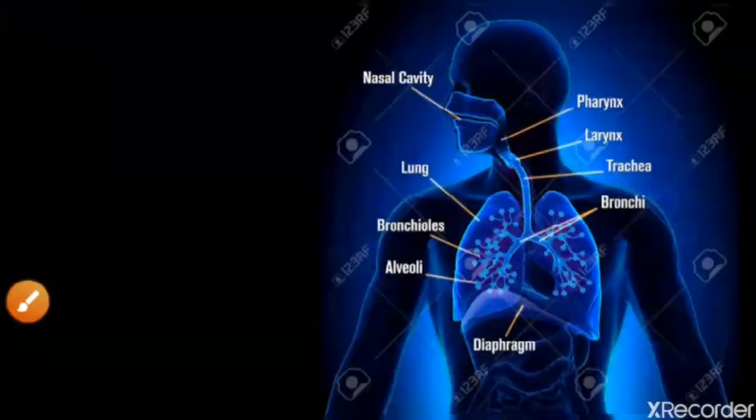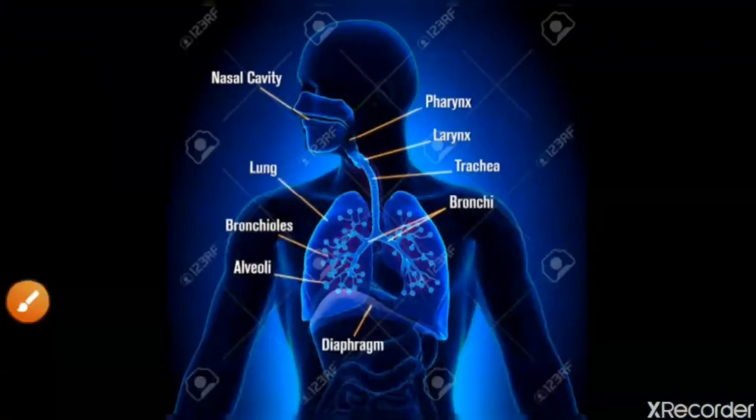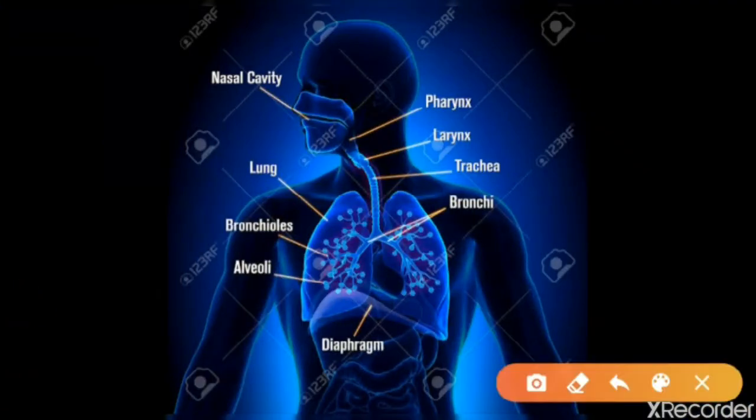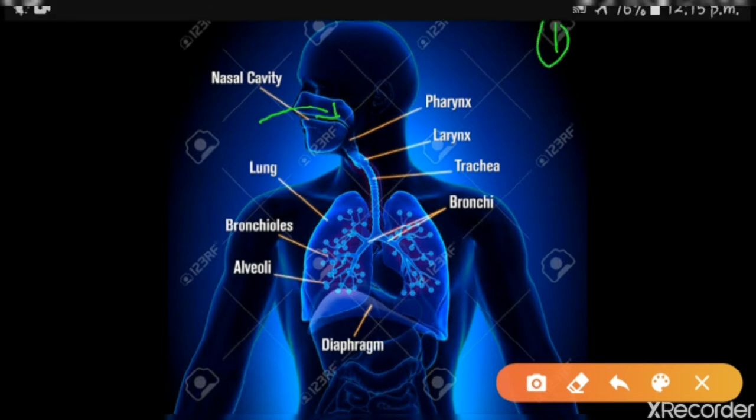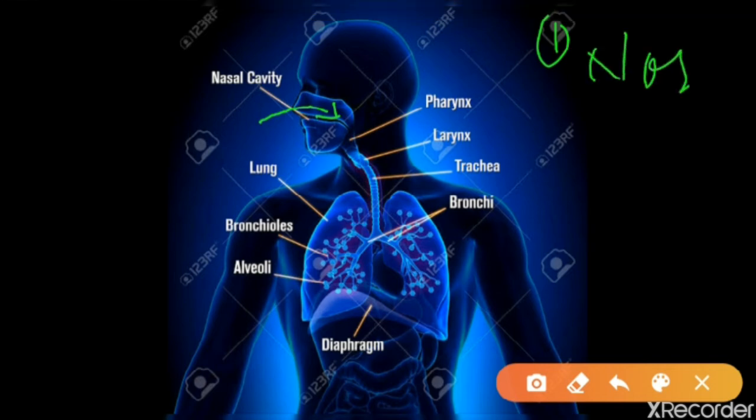So let's see how the human respiration system is there. So first, whenever we respire, that means the air moves from the nose. So what comes first? First, nose is here.